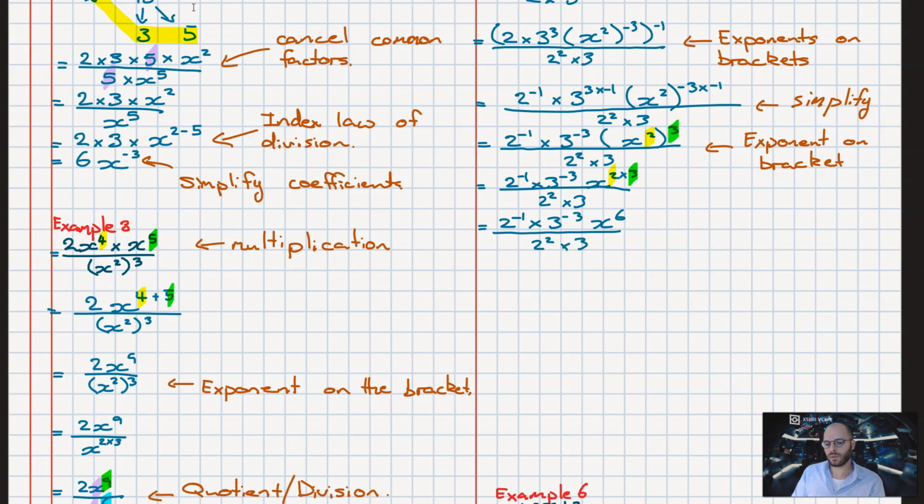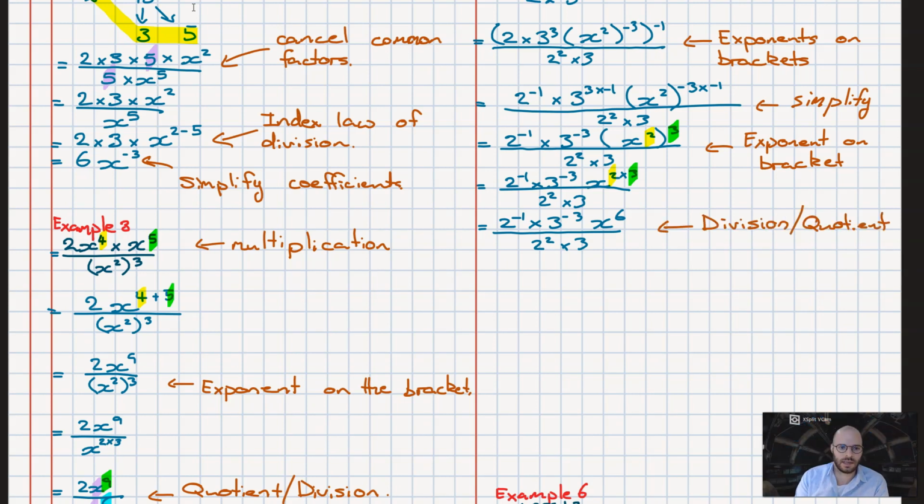Alright, now is where we need to turn our attention to the numbers we have downstairs and upstairs. So we've got a base of 2 and a base of 3, so we use our index laws around common bases in our quotient. We've got a base of 2 with a minus 1, and a base of 2 with a 2.